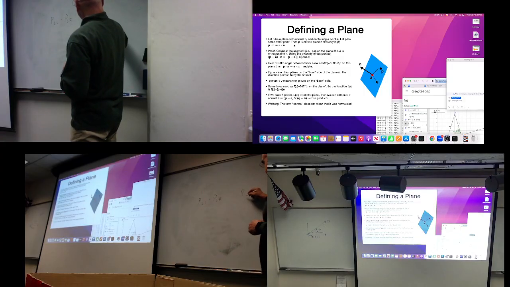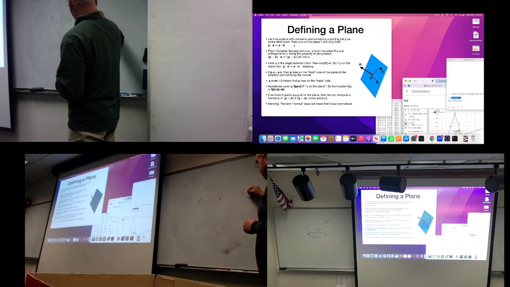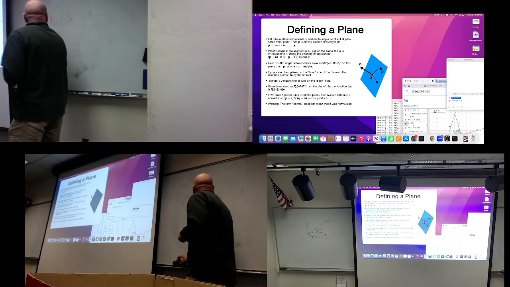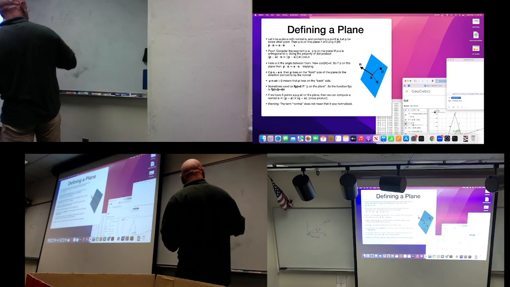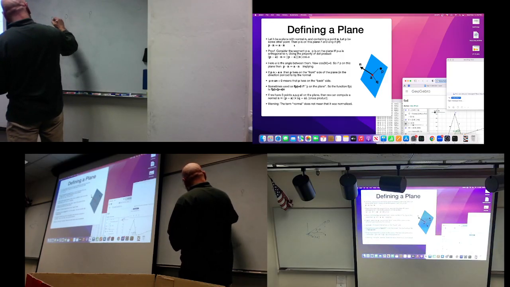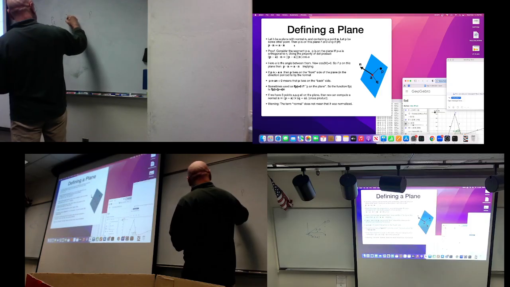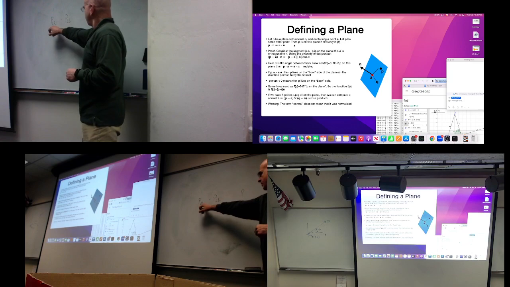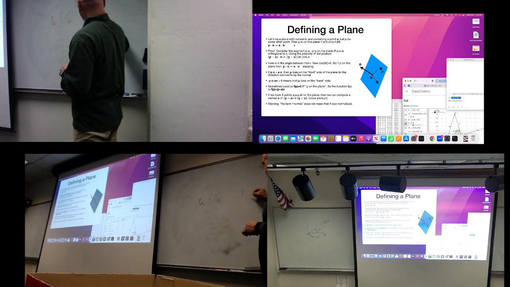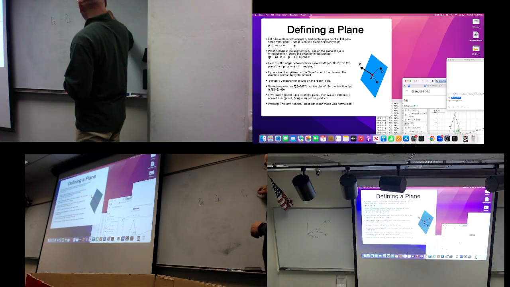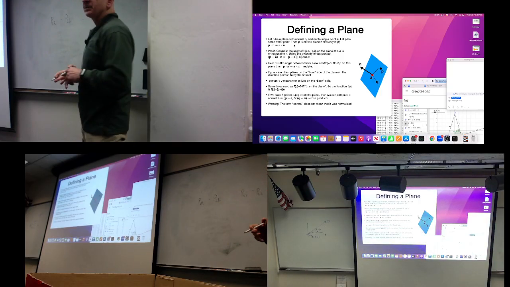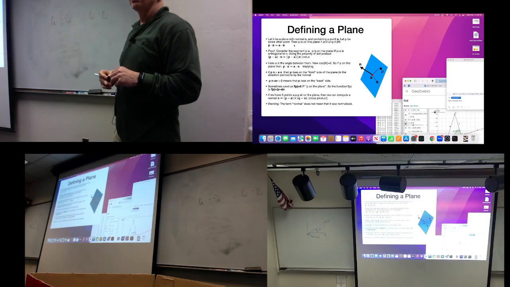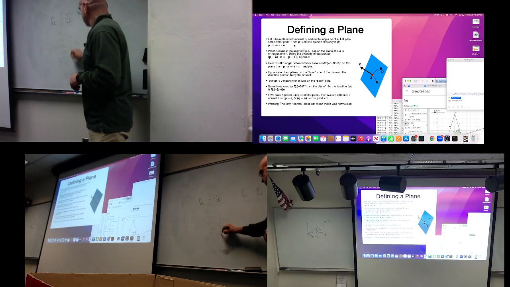Another would be P lower right minus P lower left, and P upper left minus P lower left. These will be two vectors that you play with.